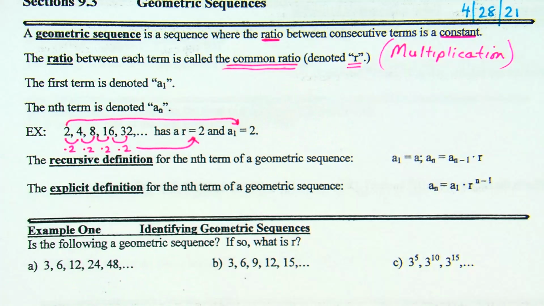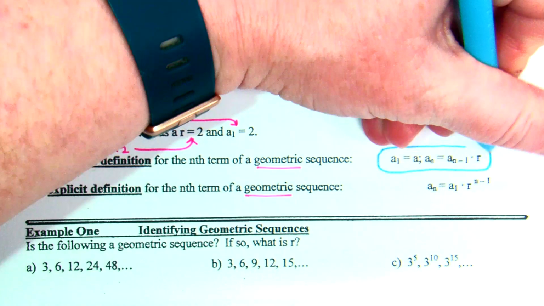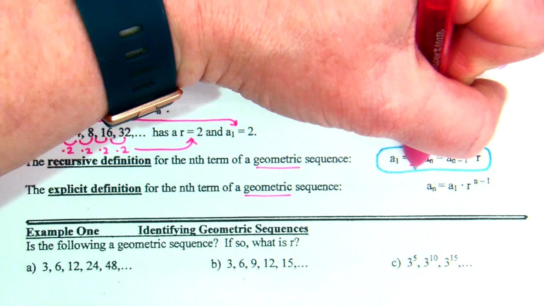Okay, so that's some of the basics about geometric sequences. Like yesterday, we're provided a recursive definition and an explicit definition, just of obviously slightly different definitions. So notice today these of course are the definitions for a geometric sequence. For the recursive, you will notice it starts off the same.